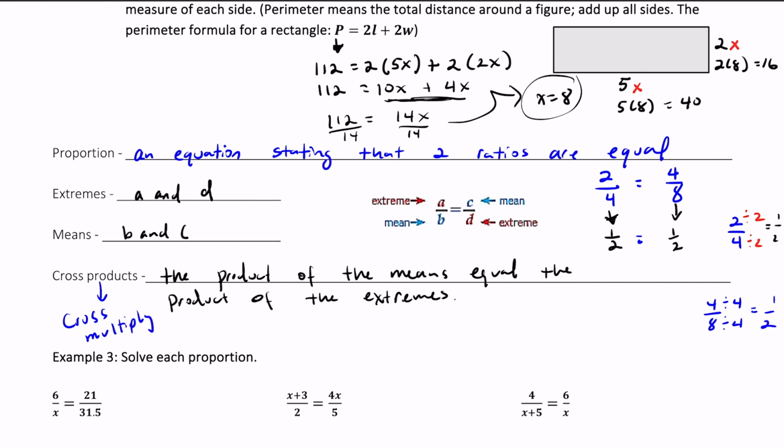You probably have heard of the butterfly method or the baseball method or whatever. Essentially, you're just multiplying A times D. So A times D is equal to B times C. And that's just cross multiplication or the cross product.